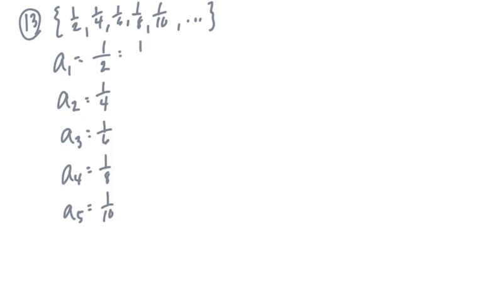Sometimes it helps to write them out. So here I see a pattern of 2's. So here I see 2 times 1. And here I see 2 times 2. And here I see 2 times 3. And here I see 2 times 4. And here I see 2 times 5.